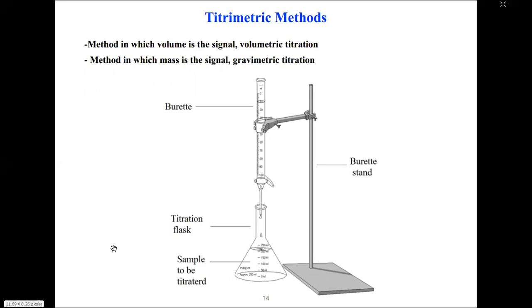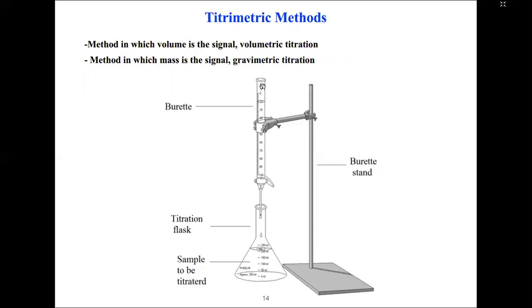And here is the general picture for the experimental setup. You might have done this in the lab yourself several times since your +2 in science, since class 12 maybe. As you can see, it consists of a stand that holds the burette. A burette is a very long apparatus.